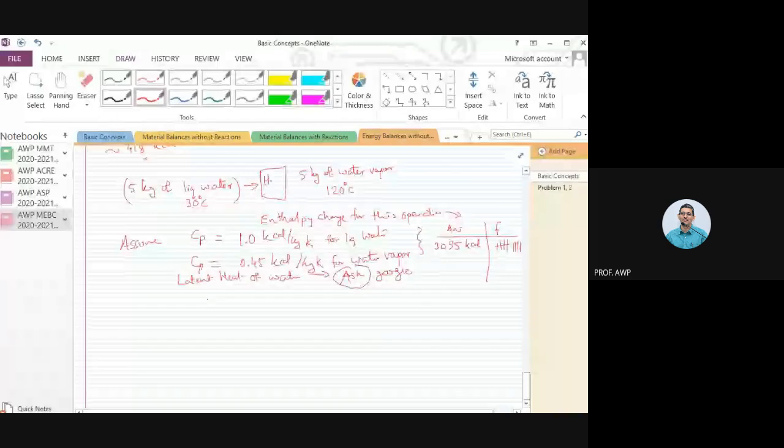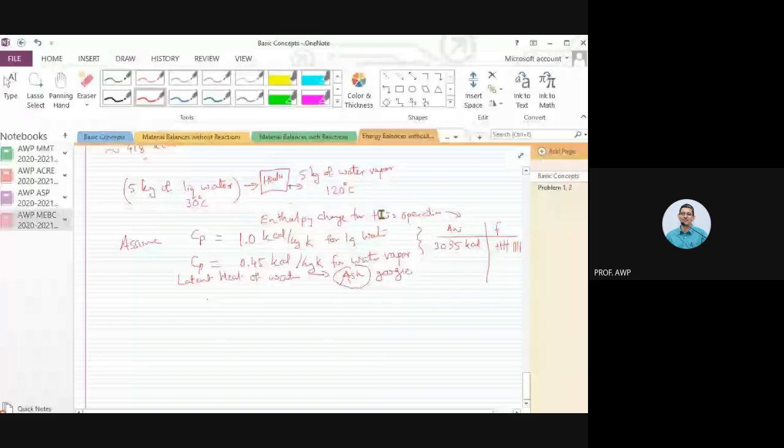We are going to supply heat from outside. That heat could be supplied by burning something, by combustion of a fuel, something like that. Don't worry about that just now. We will not worry about how that heat is supplied just now. We will do those kinds of things in a while. But we want to make it into 5 kgs of water vapor.